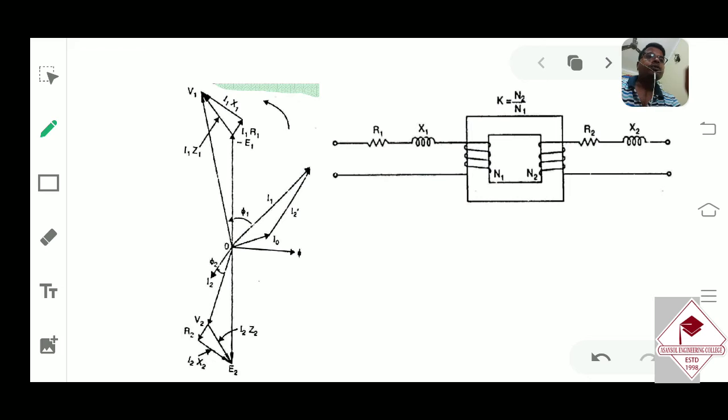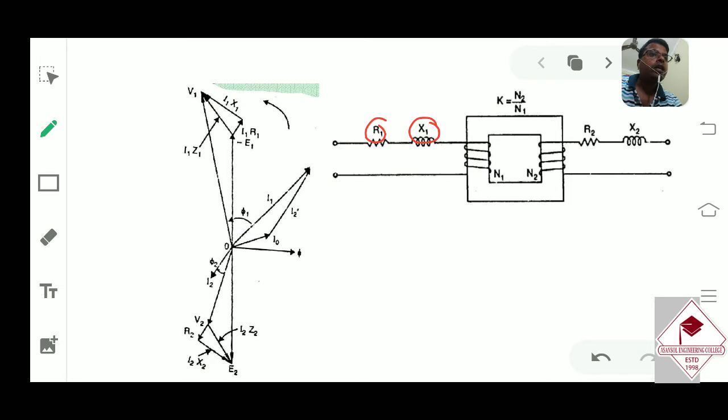Now you see this equivalent circuit. R1 is the primary winding resistance, and X1 is introduced for the leakage reactance.